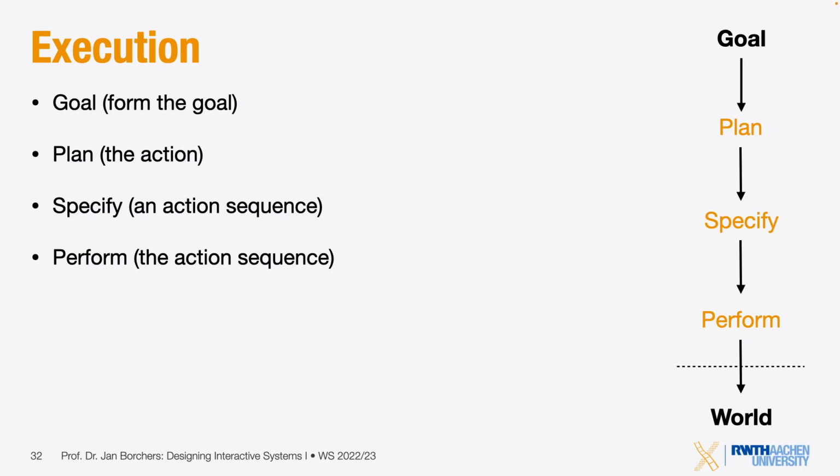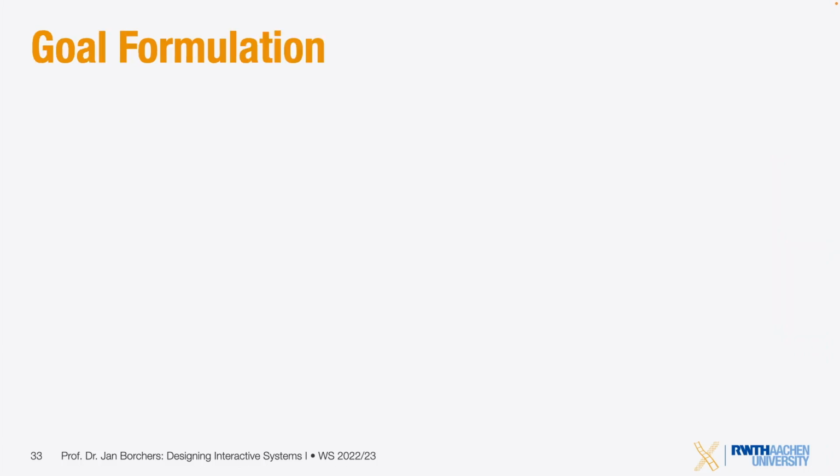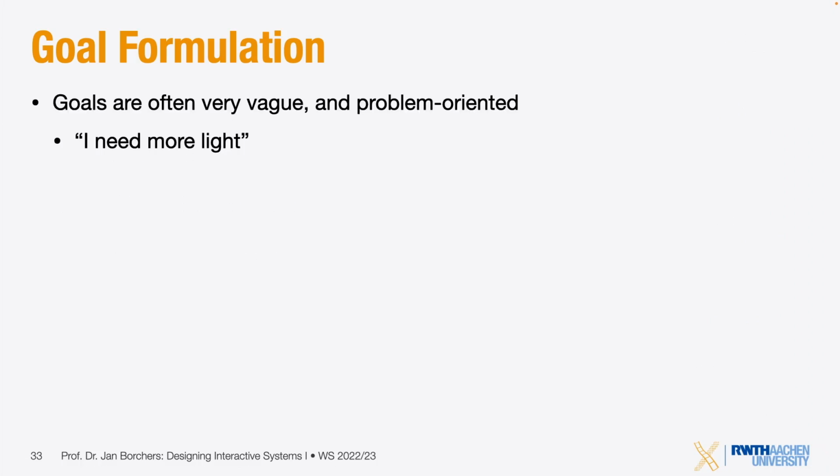So the goal formulation, if we look at that in a little bit more detail, means that goals are very, very vague often and problem-oriented. Like I said, I need more light, for example. They first need to be turned into something that actually is a plan. So the goal is somewhat vague and doesn't yet tell me how to achieve it. It just is something that I want to have to be different than it is now.